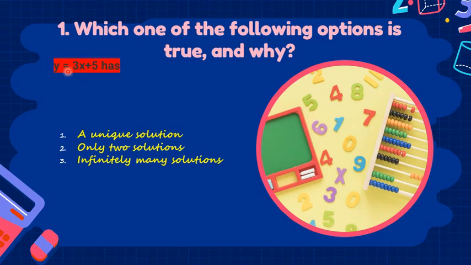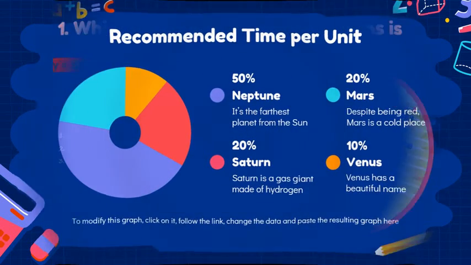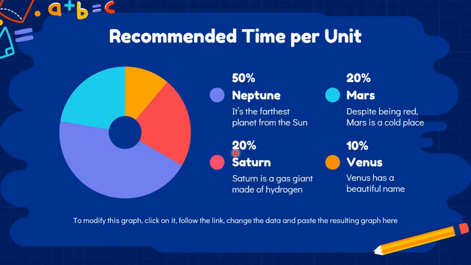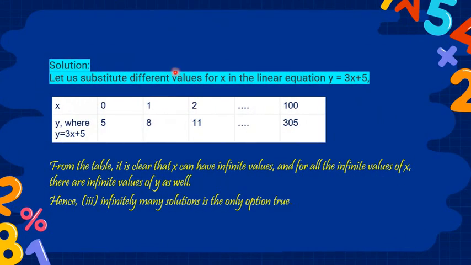They are asking whether this equation has only two solutions, a unique solution, or infinitely many solutions. You know what the answer is. Explaining in the next slide. Sorry, which slide is this? Okay, moving to the next. The slide before had come by mistake.